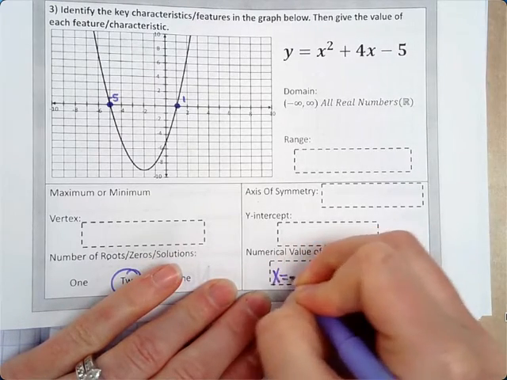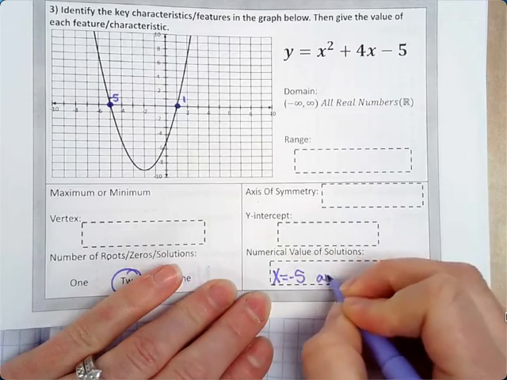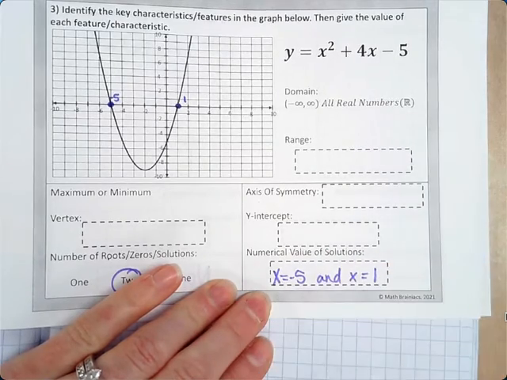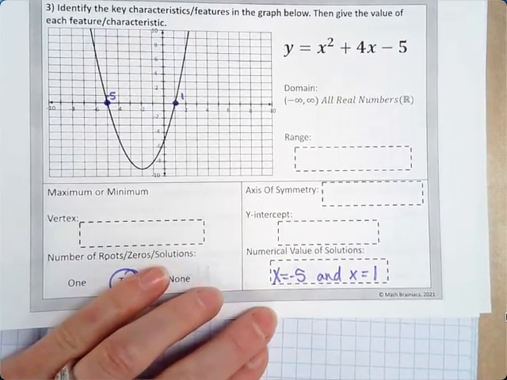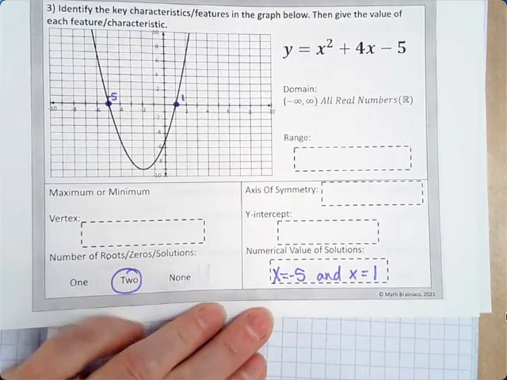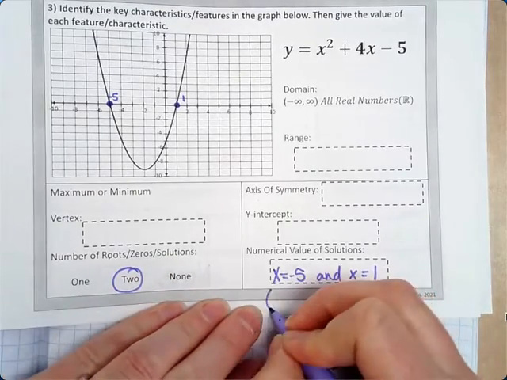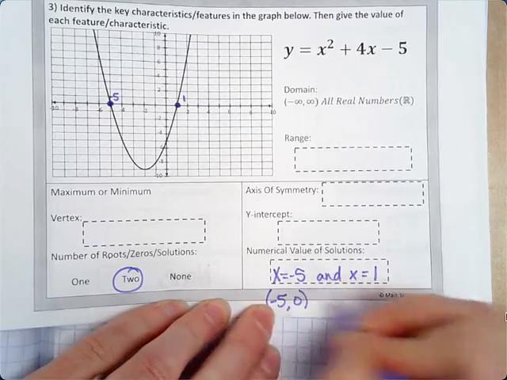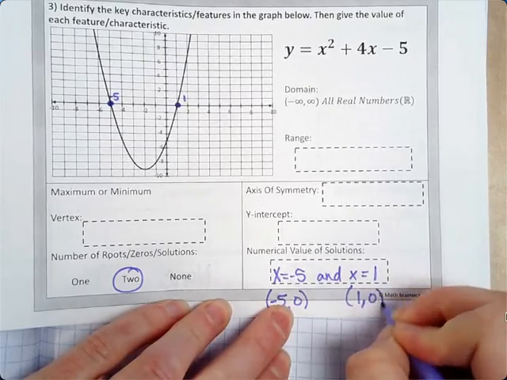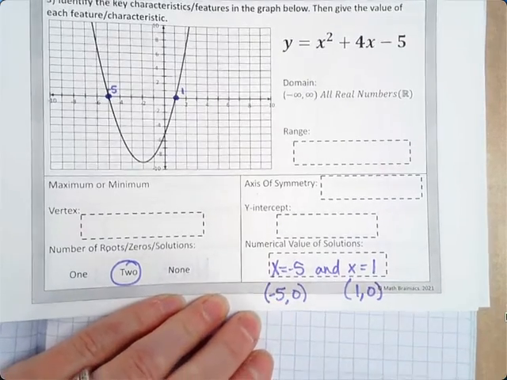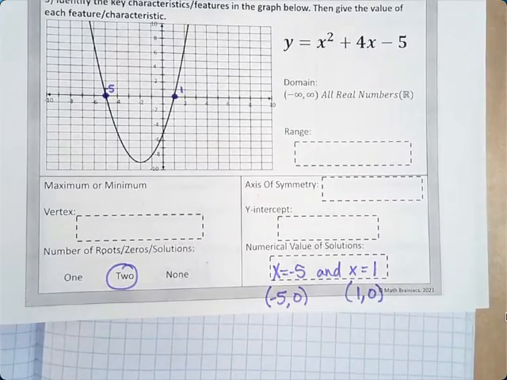So x equals -5 and x equals 1. If you want to write them as points, that's fine too. -5, 0, and 1, 0. Either way of writing it will be correct.